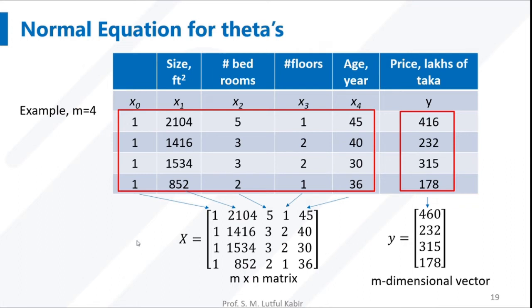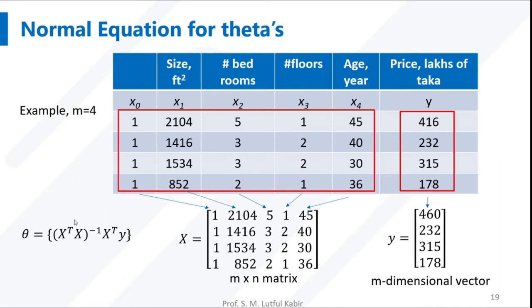After derivation, theta is expressed like this: theta is equal to X transpose multiplied by X, then take the inverse of that multiplication, then multiply by the transpose of X and also by y.